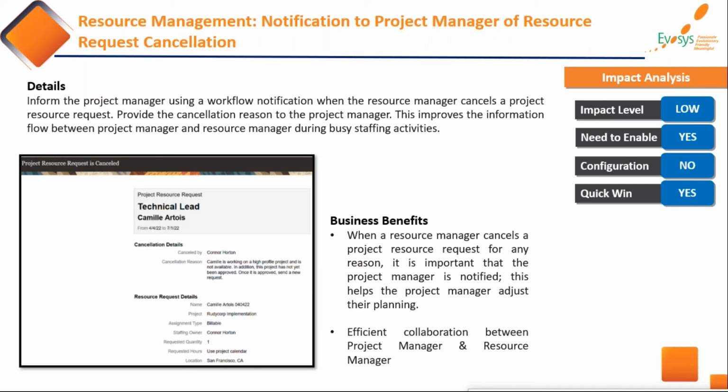Previously it was missing. So I think it is more to increase the collaboration between the project manager and the resource manager. For this, again, it's an opt-in feature. So of course you need to just enable it in the setup and maintenance, and then you can use it.